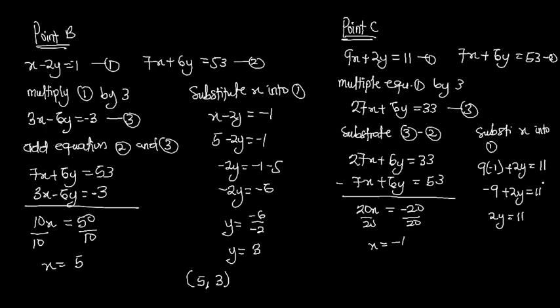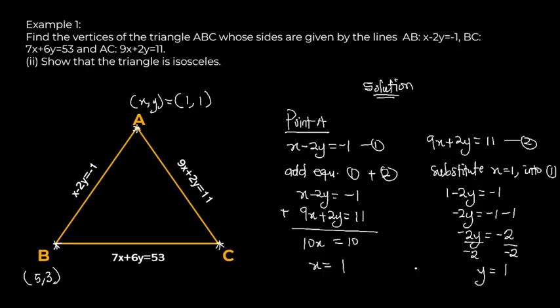The negative 9 to the other side becomes plus 9. So 2y is equal to 20, and therefore y will be equal to 10. So it means for point C, my coordinates are x is equal to negative 1 and y is equal to 10. So I have over here negative 1 and 10.